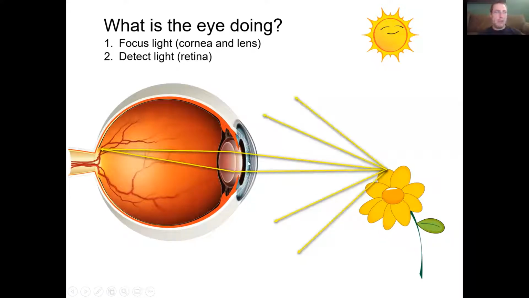So it's the job of the cornea and the lens to bend that light, to refract that light back onto a single point on the retina. Now this little spot on the retina gets all the light from a single spot on the object that we're looking at. And when this happens over the whole retina, we get an image of the whole object.